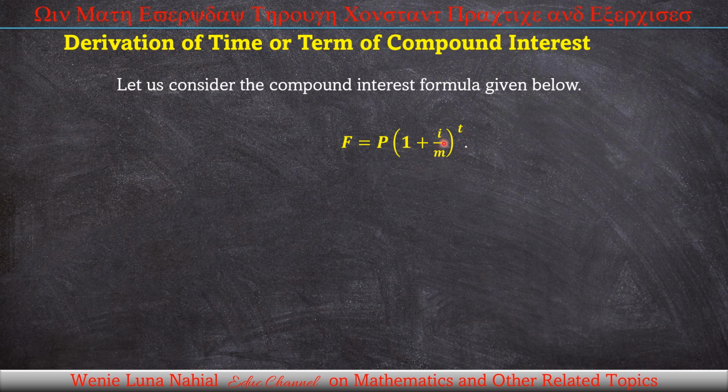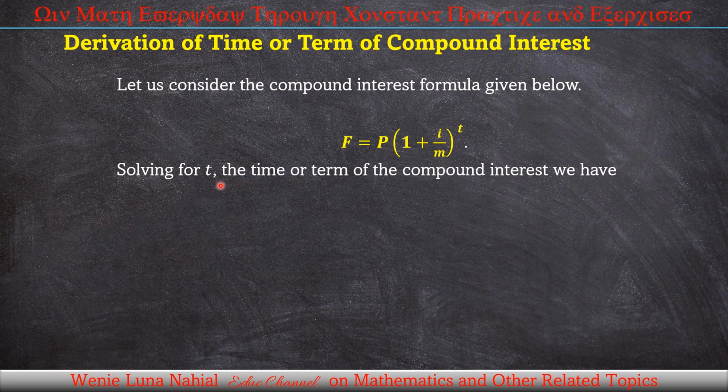So our i here is the nominal rate, that is the amount agreed for 1 year, but we divide this by m because we want to know the actual or the effective rate of the investment, because in most cases there are more conversion periods in a year. So we have to solve for t, the time or term of the compound interest we have.